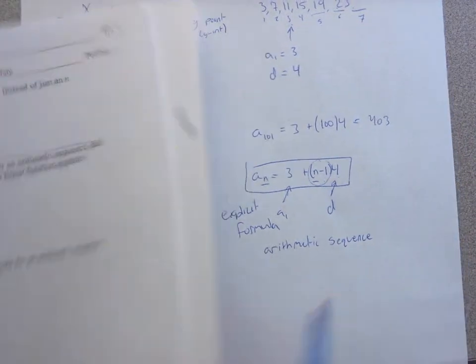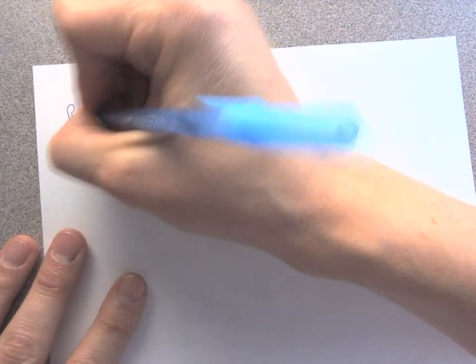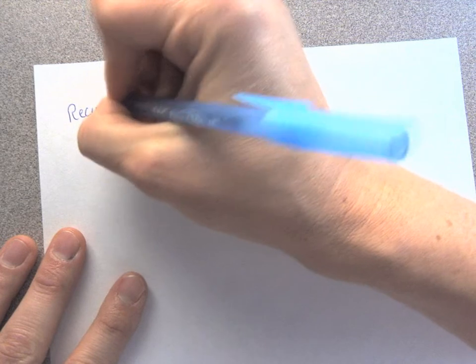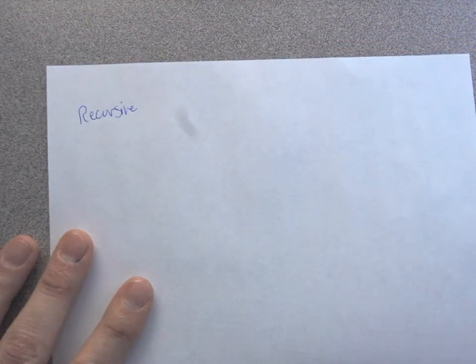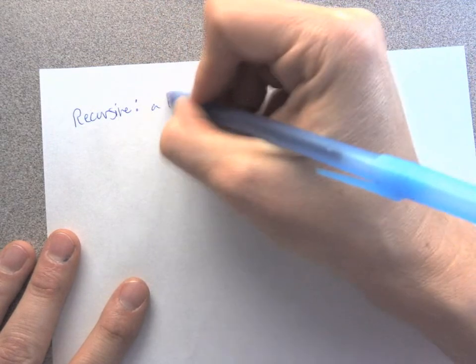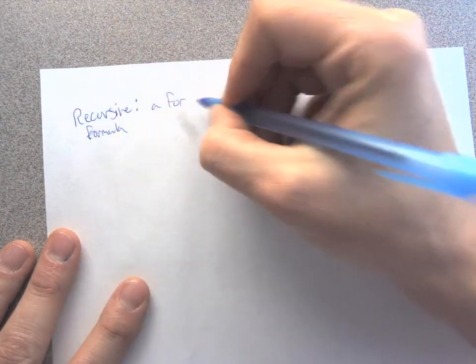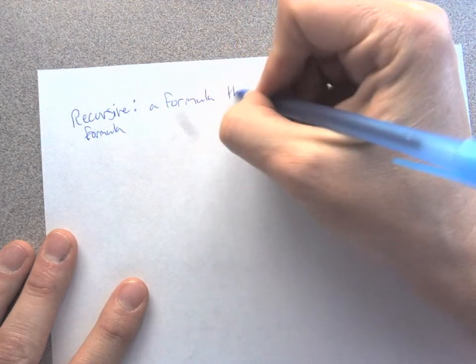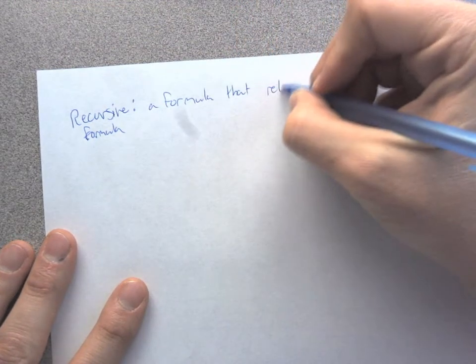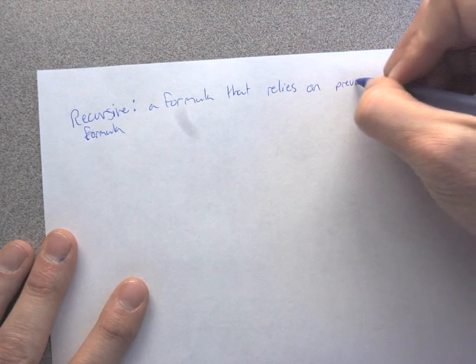All right, the next thing we need to talk about is a recursive formula. Okay, so recursive means repeating, basically. And a recursive formula is a formula that relies on previous outputs.